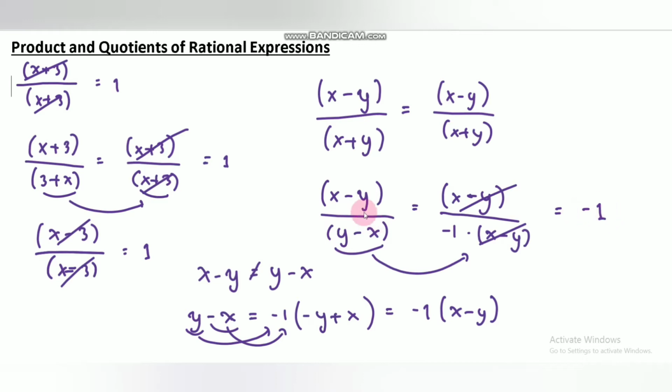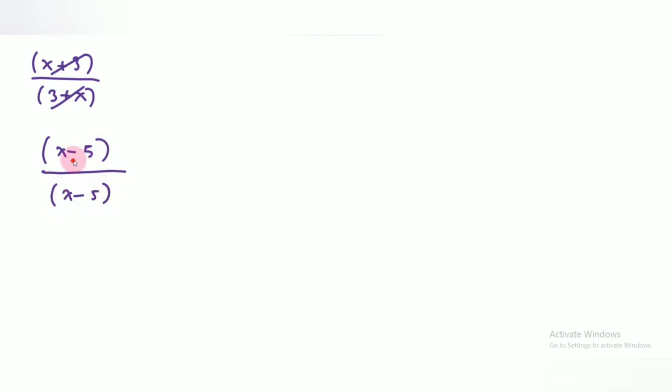Please notice that if we have specifically this situation, you have -1. So the conclusion is, if I have x plus 3 over 3 plus x, it can be cancelled, and if I have x minus 5 over x minus 5, it can be cancelled.